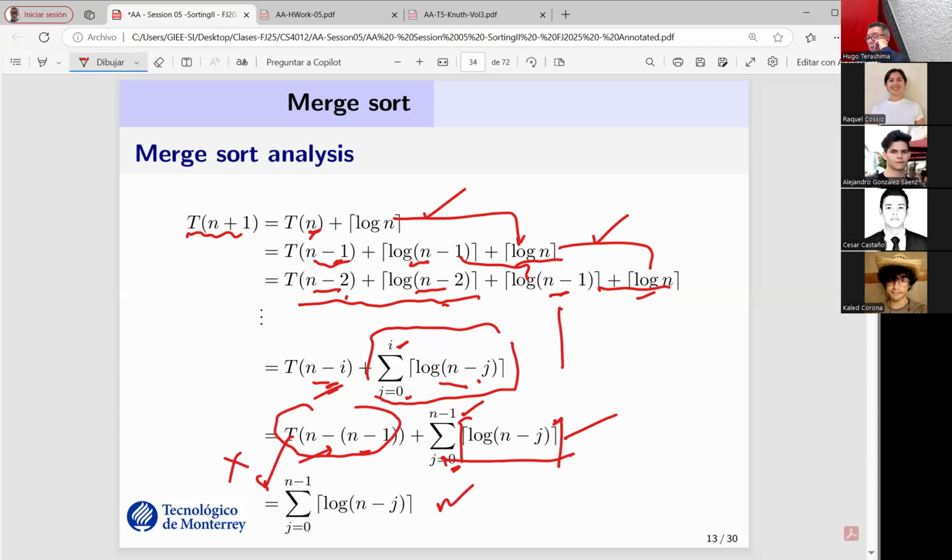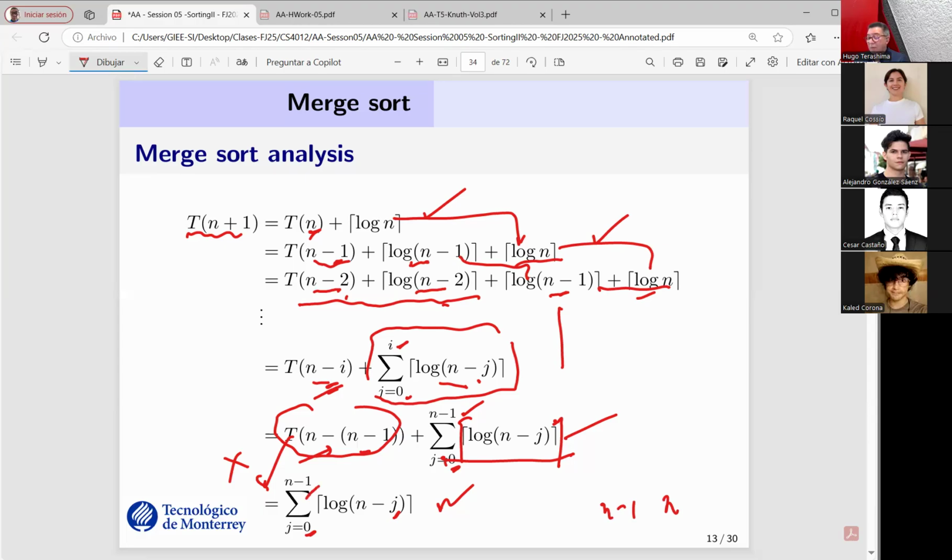How does it look? You have n minus 0 right at the beginning, so you have the ceiling of the log of n. And then when you have 1 here, you have n minus 1, the ceiling of log of n minus 1, and so on.